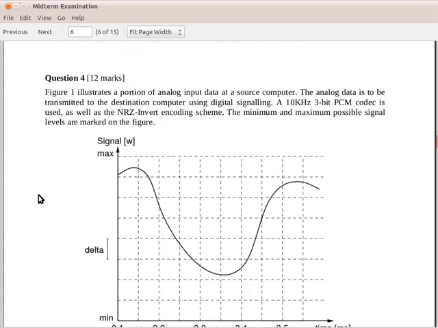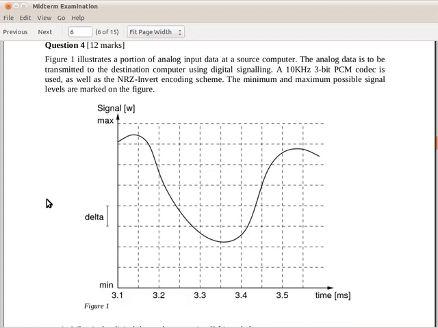And in this question, once you got the sampled values, it says that we get the digital data and then we send that as a digital signal using non-return to zero invert on ones. So you have the input bits and then you need to use non-return to zero invert on ones.